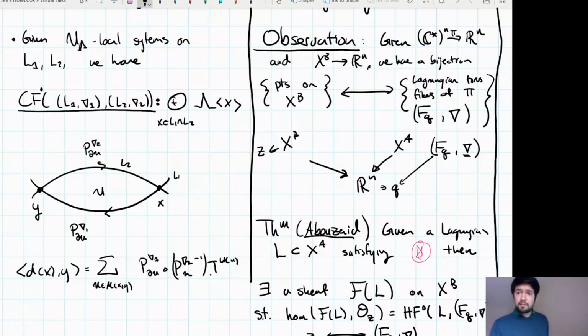So at the very beginning of the talk, when I said there were modern methods in symplectic geometry to prove mirror symmetry which didn't travel through the tropicalization, this is what I meant. This theorem takes as input some Lagrangian submanifold and produces as output some sheaf. Granted, the Lagrangians have to satisfy this condition, which I haven't gone into yet.